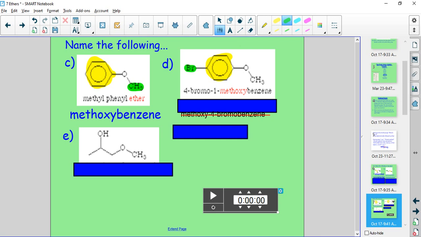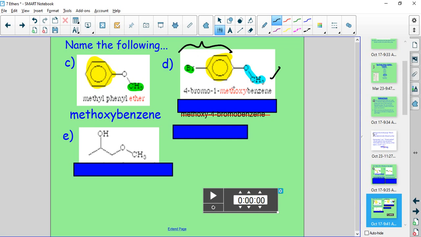We have bromo, right? A halogen right there, and here we have methoxy. So the easiest way to name this is using the parent method, because imagine trying to name this end as if it were a branch. First off, it would be a complex branch, and we always try to avoid those. This end would be easy, right? That would be okay because it's just methyl, but this would give you quite a complex name.